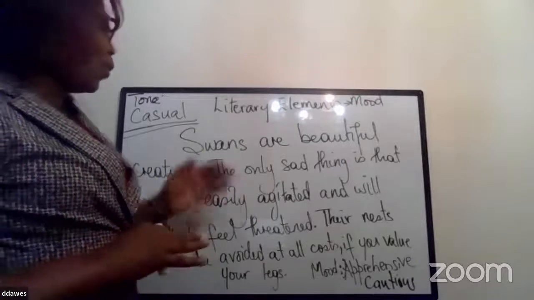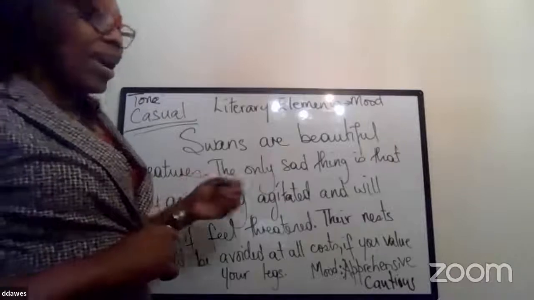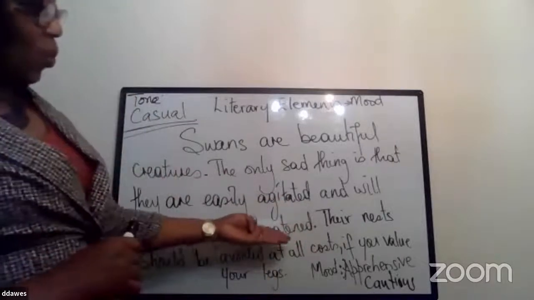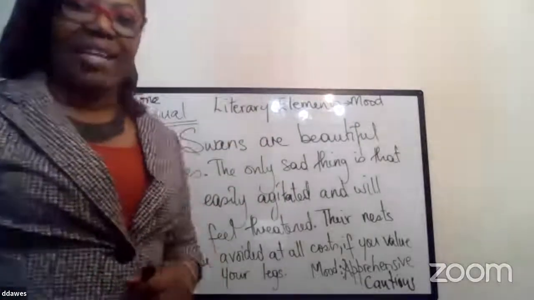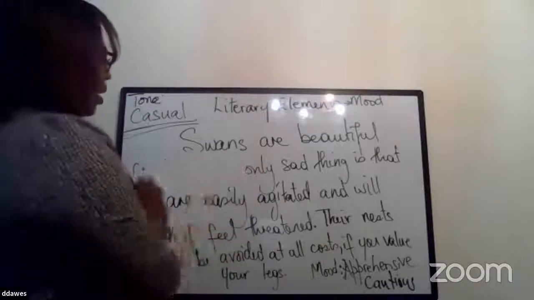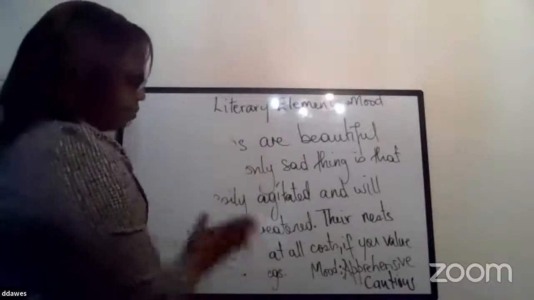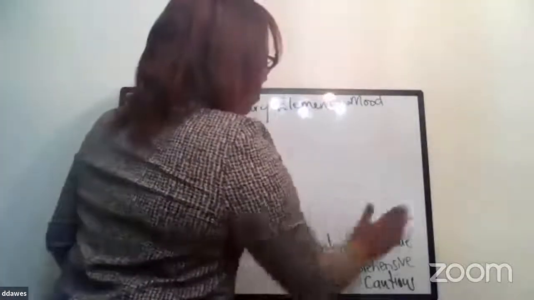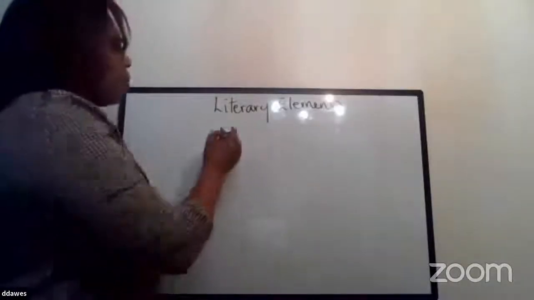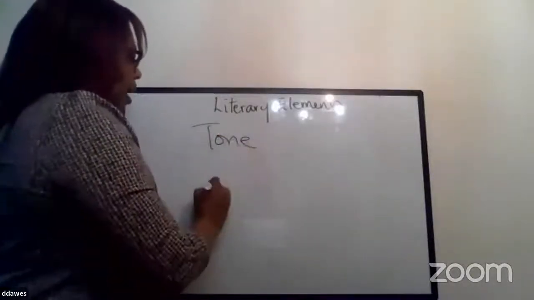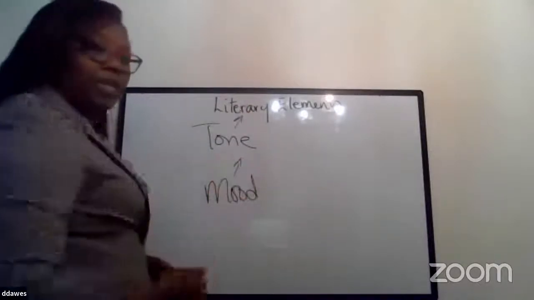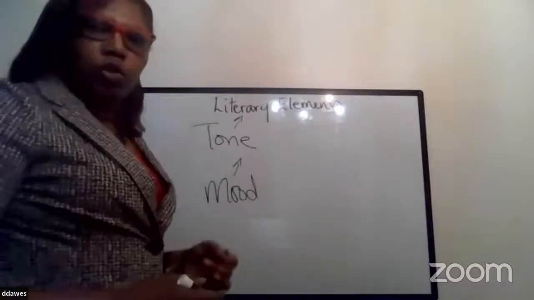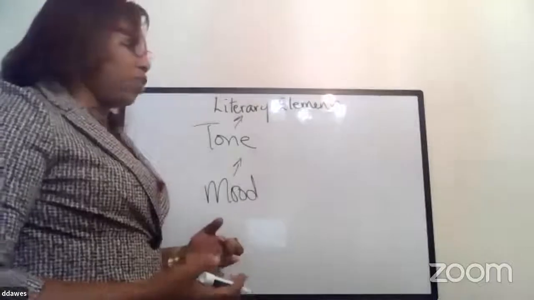Okay, so casual tone. And remember, depending on what would have come first, it could have been humorous or something along that line. So just to recap, in recapping, remember, tone and mood are literary elements that writers use in order to have the reader focus on information.